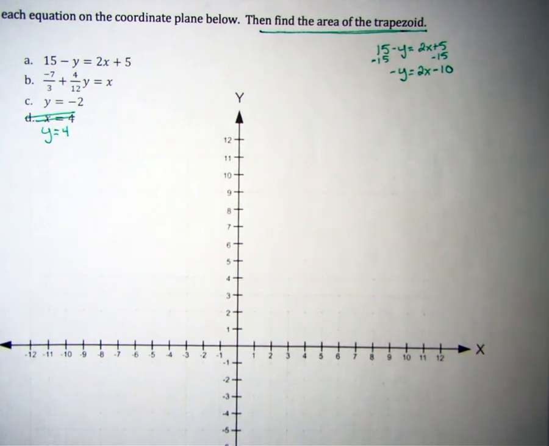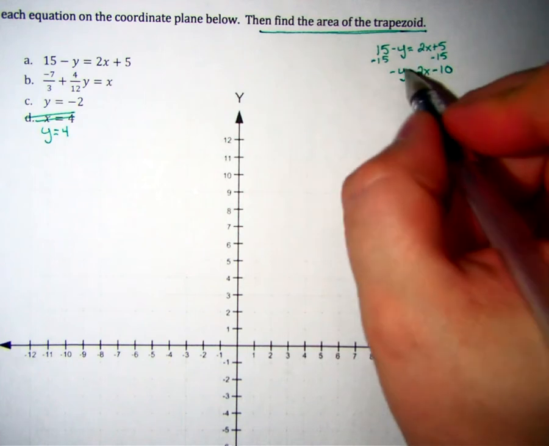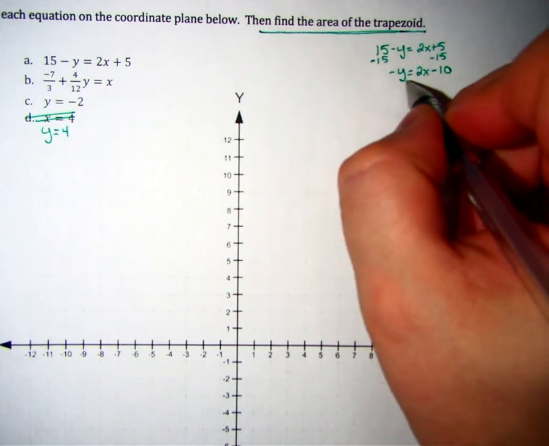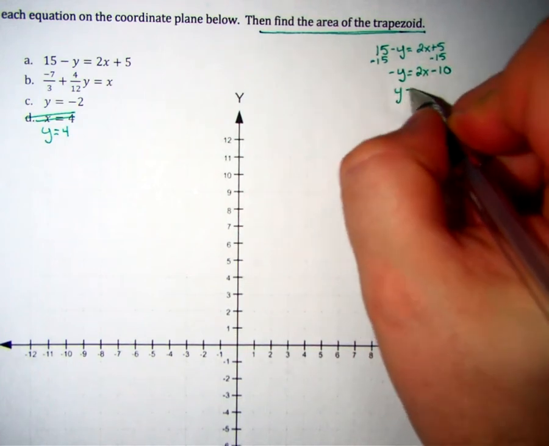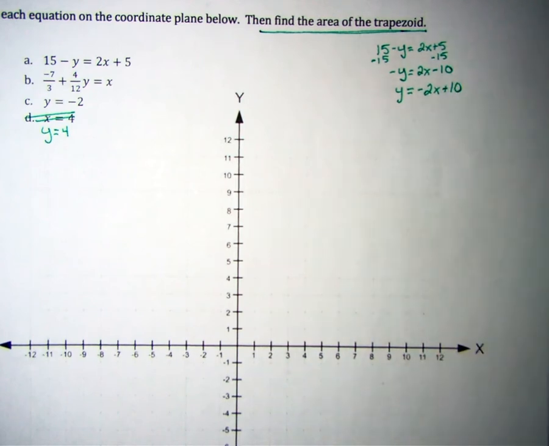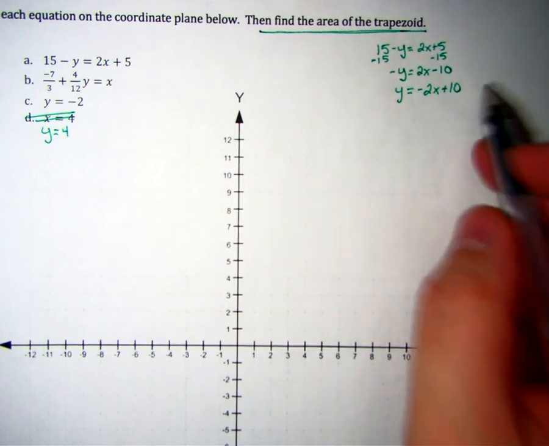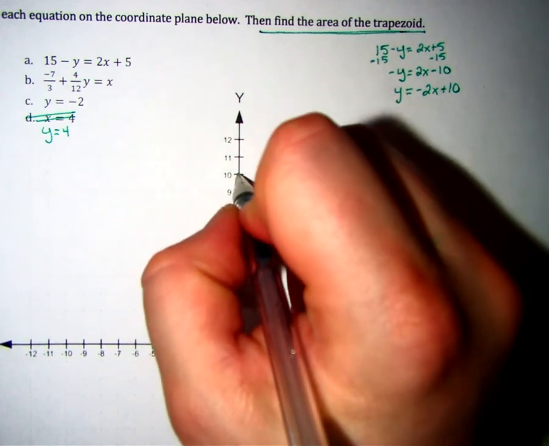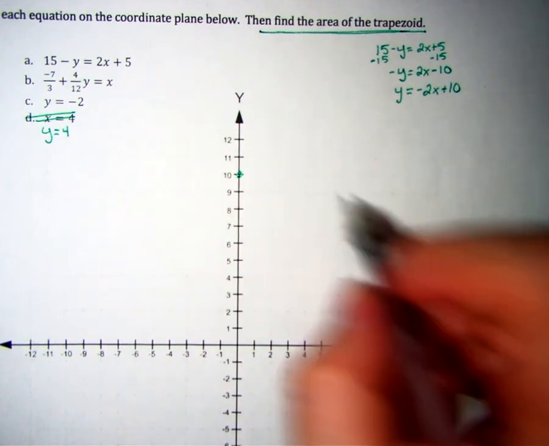And I'm going to divide by negative y, or another option is to multiply by negative 1. Either way, it's going to end up changing every sign. y equals negative 2x plus 10. So we now know that our y-intercept is 10, and we have a slope of negative 2.